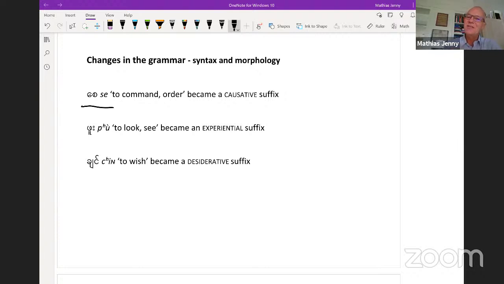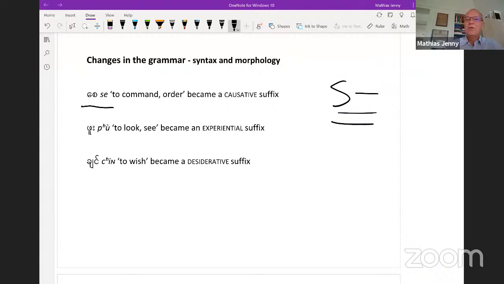This, in modern Burmese, just became a suffix to mark causative. Remember, Tibeto-Burman had the S prefix for causatives. This is not functional anymore. In Burmese, it's not productive anymore. So the suffix se took over this.